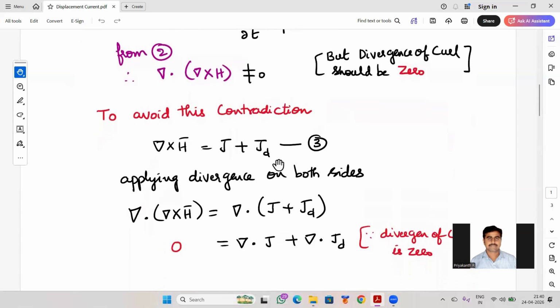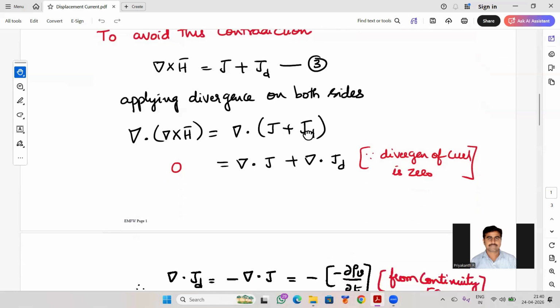Therefore, to avoid this contradiction, Maxwell modified Ampere's law by adding one more current density term called displacement current density, represented here as JD. Now again applying the divergence on both sides, del dot of del cross H equal to del dot of J plus JD.